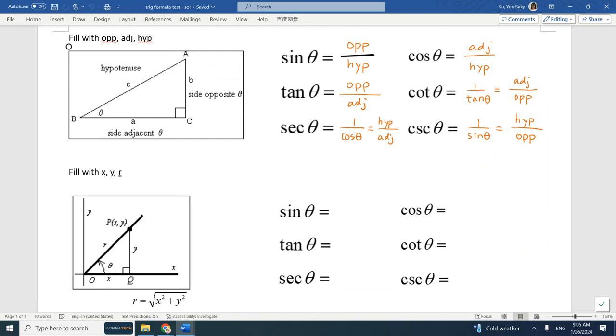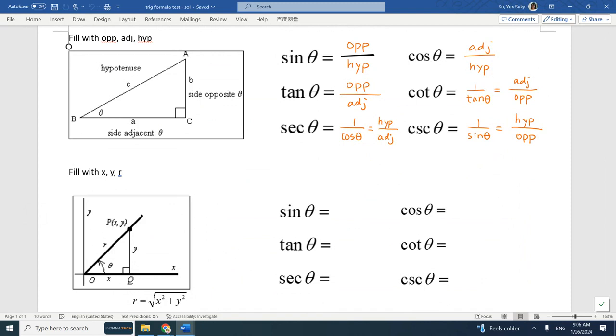So let's say our angle is theta. So this is the angle theta. By the way, we know that theta could be bigger and bigger, so you can wrap around the circle. So the picture is not just in the first quadrant. It could be in the second, third, or fourth quadrant. In the first quadrant, your x is positive and your y is positive.